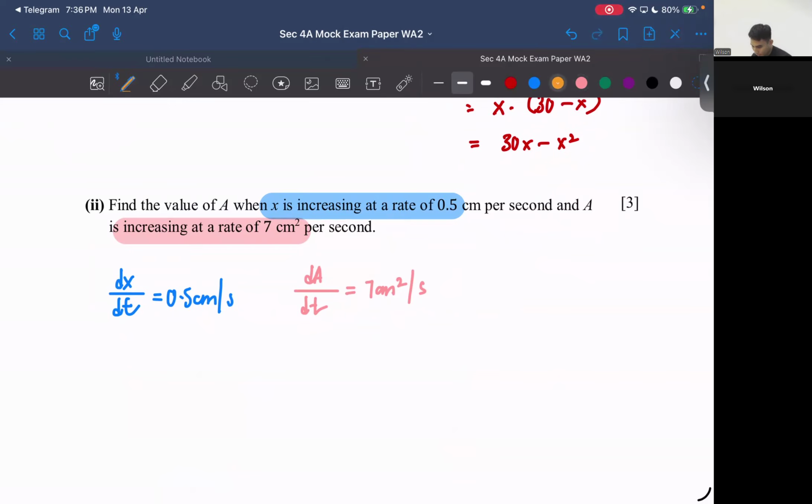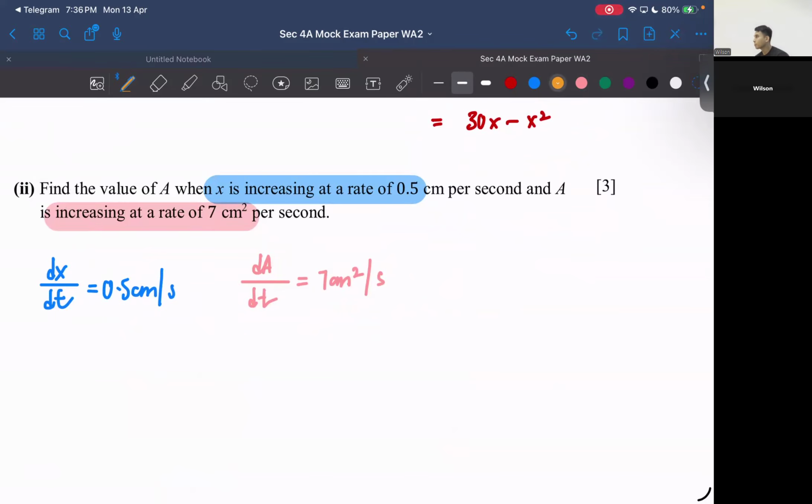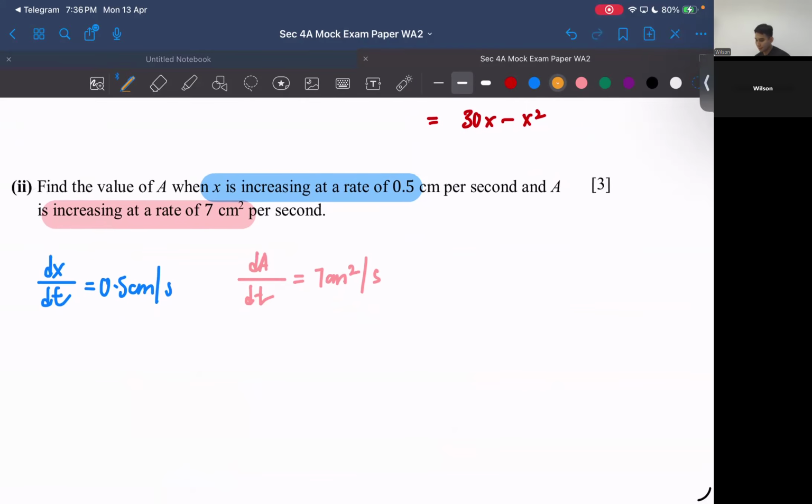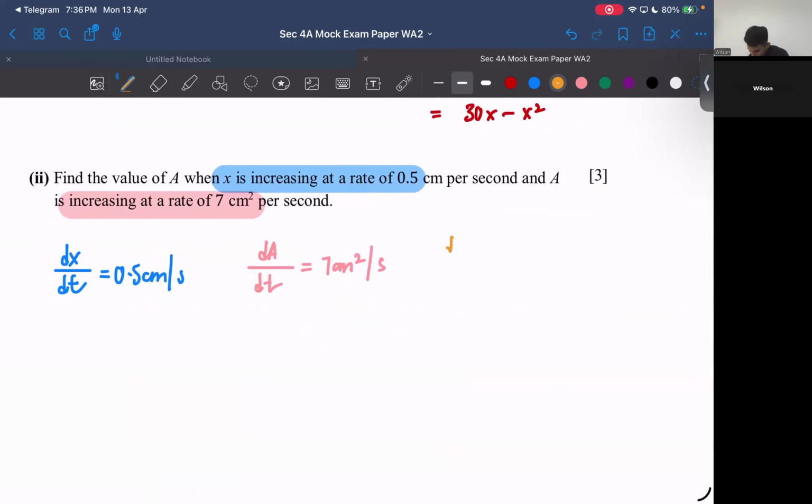How do I combine them together? Yes, this is how we connect them.